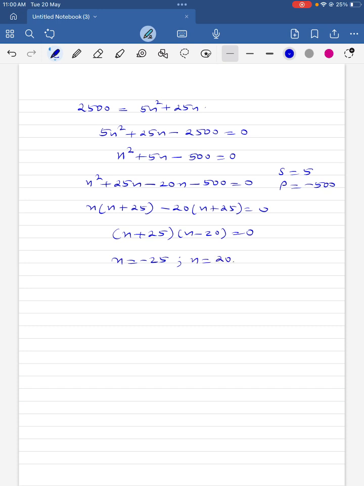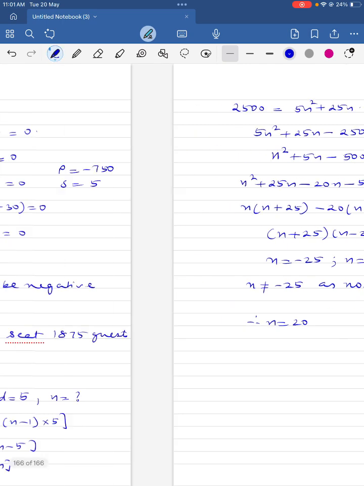Now, as I mentioned earlier, the number of rows cannot be negative, so we ignore n equal to minus 25. Okay, so therefore n equal to 20. So only 20 rows are being used by 1250 guests, but there were 30 rows to begin with.